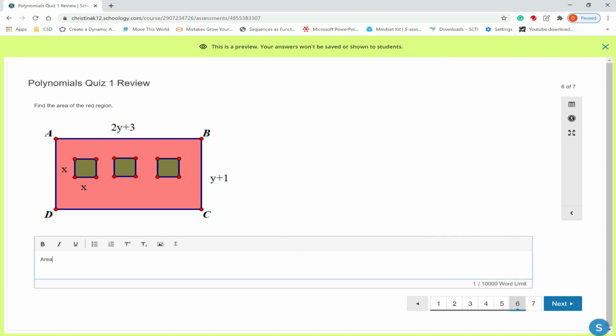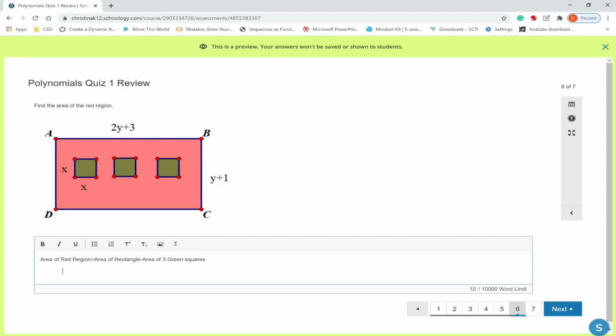So we can say area of red region equals area of rectangle minus area of 3 green squares, and space.